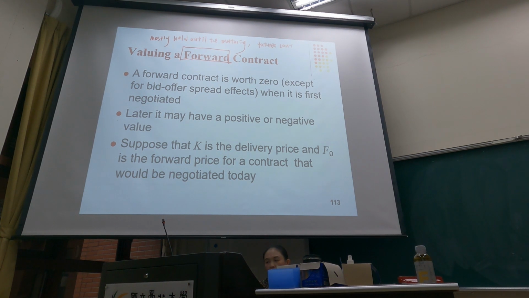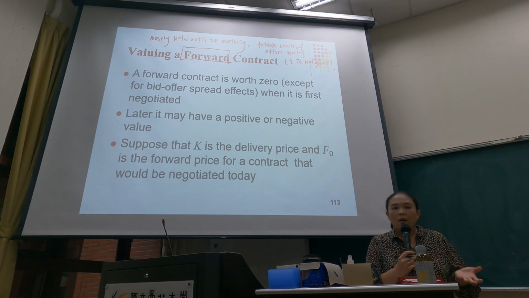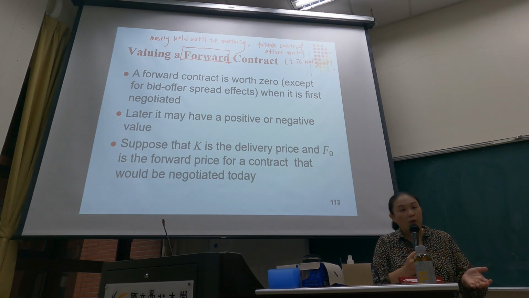contracts, we know already 99% of people will not hold until the end, right? You do offset trading early. T is not sure. If you are a futures owner, no matter whether you have a long futures or short futures, nobody knows when you will execute your position. You might leave next week, you might leave 2 weeks later.